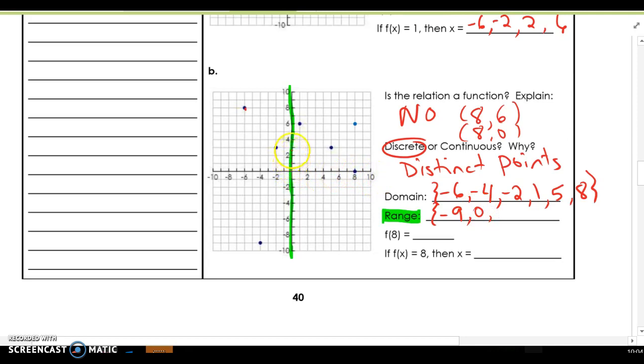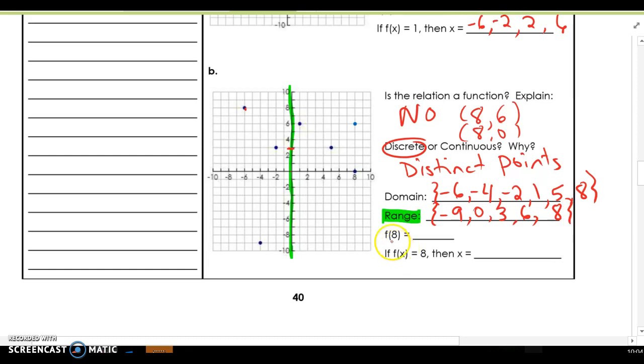Then we move up and both of these points have a y value of 3. Again, there's no repetition when you list the domain and range. Then we move up and both of these points have a y value of 6. And then the highest point has a y value of 8. So that is our range.